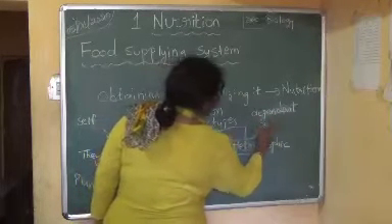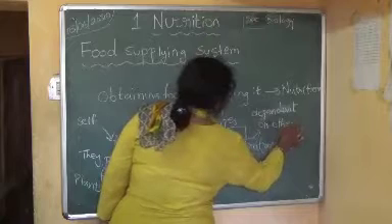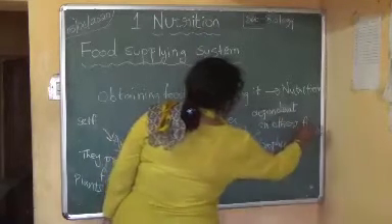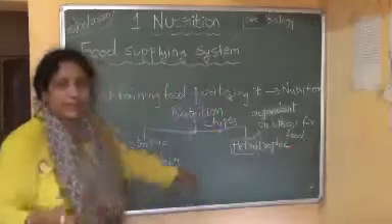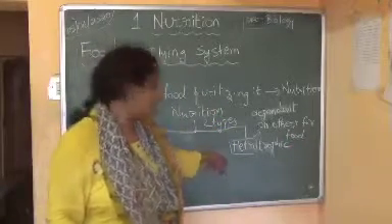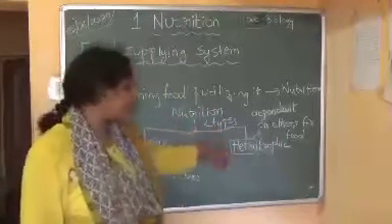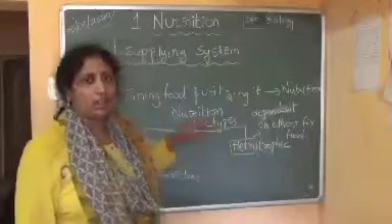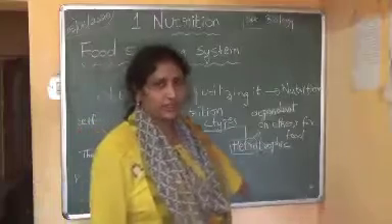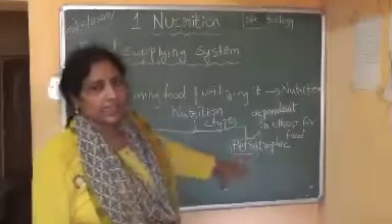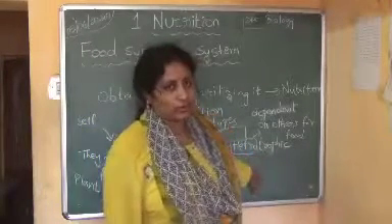So they can't prepare their own food. They will depend directly or indirectly on the autotrophs for their food. Those organisms are called as heterotrophs.